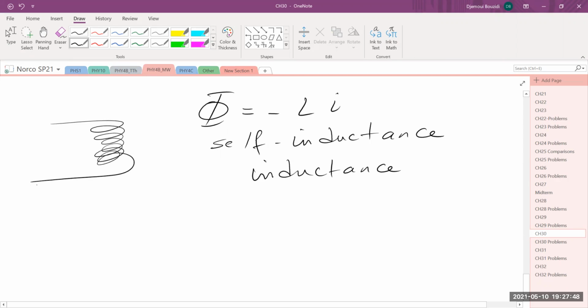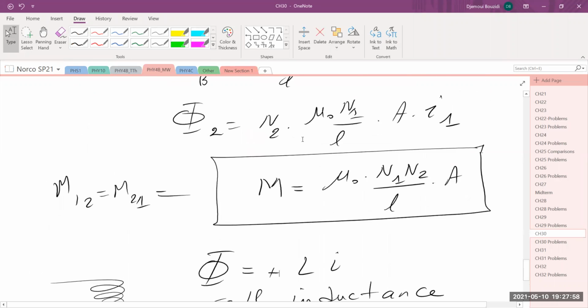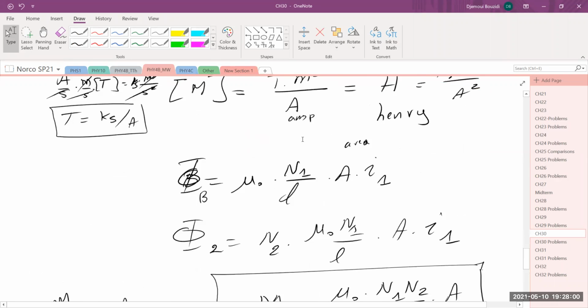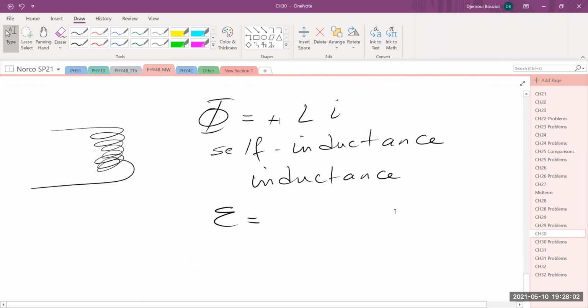You wrap it around, you vary the current in it, and it's going to oppose a change in the current because there will be an EMF in here. Do I have any minus in here? No, that's correct, there is no minus in there. It's actually coming from the EMF. It's minus d phi over dt, and that is equal to minus L dI over dt. So now there is a minus in here, okay?